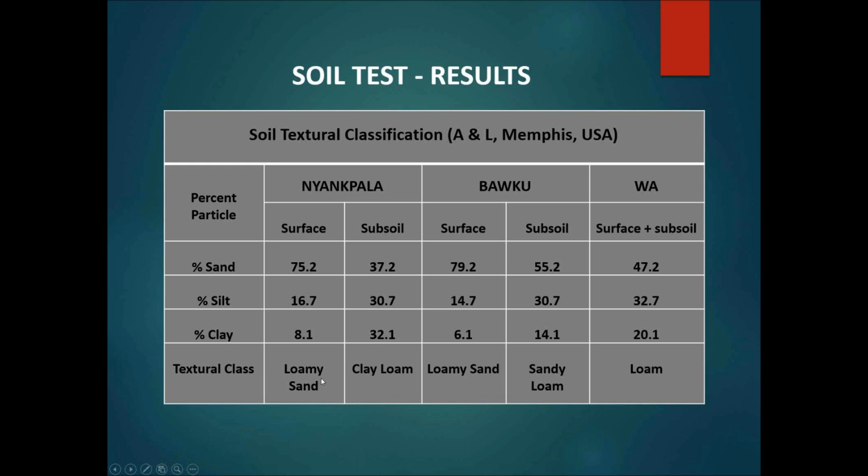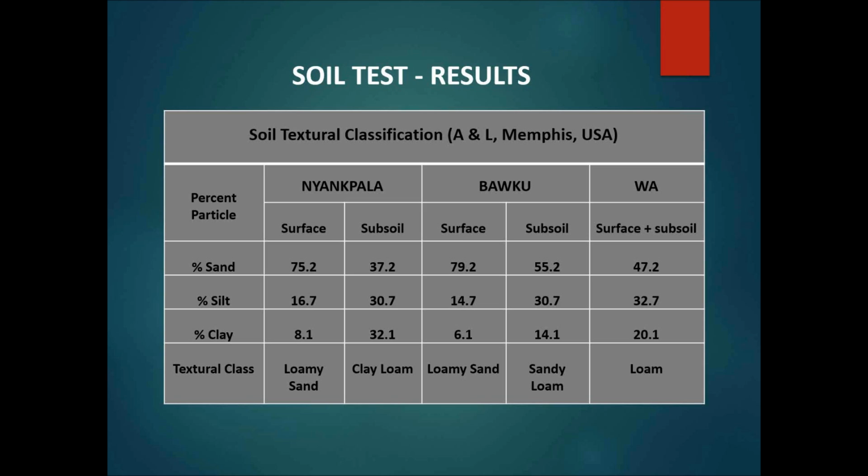They gave us these results: loamy soil for Yankpala for the surface. Then you have the subsoil, which is a clay loam, and for Bolga, the surface soil is loamy sand, and then the subsoil was sandy loam. Now for Wa, I had only a composite sample for testing, because at the time I got there, the land was already plowed, so it was meaningless taking separate samples.